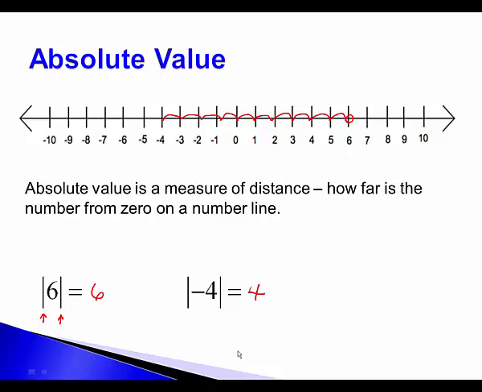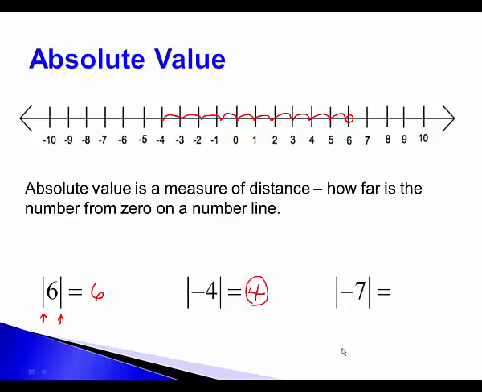And then how far did you drive home? If you drove 10 miles to go to school, you didn't tell me that you drove negative 10 miles to go back home. Both of those distances are 10 miles. Measures of distance are always positive. So regardless of whether we're counting toward a positive number or toward a negative number, our distance will be positive. Hence, the absolute value of a negative 4 is 4.